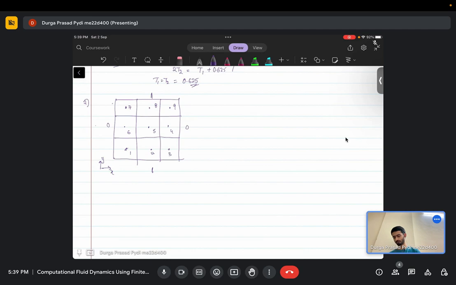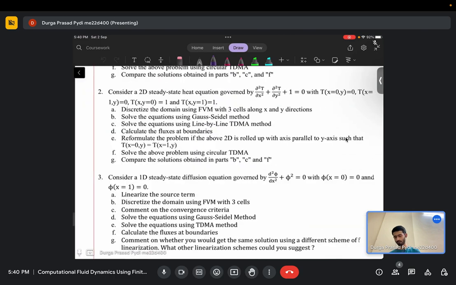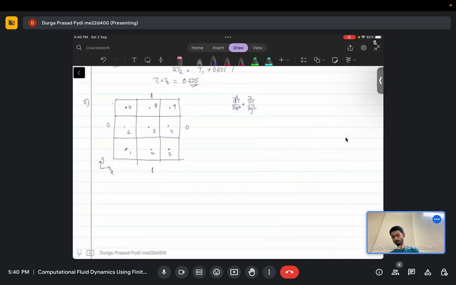So what do you think the equation for this particular cell number 1 will be? T1 will be in terms of T2, okay, maybe I should write the equation also. The governing equation is del square T by del x square plus del square T by del y square, plus I think you also have a source term, plus 1 equals 0.